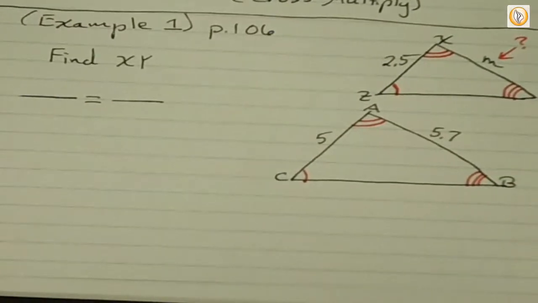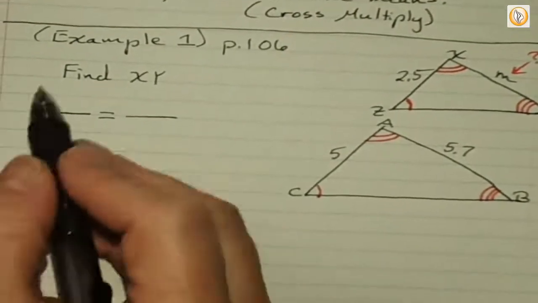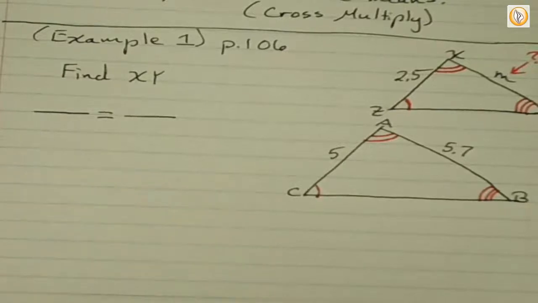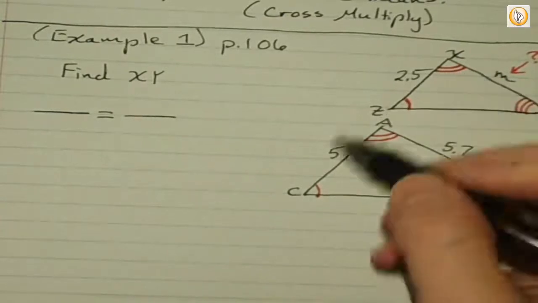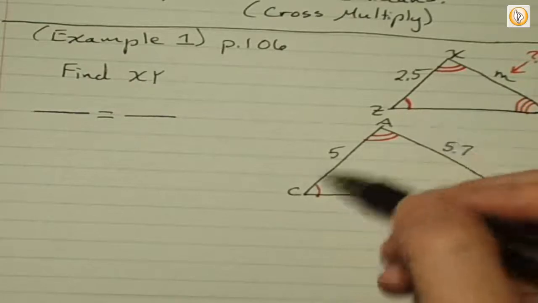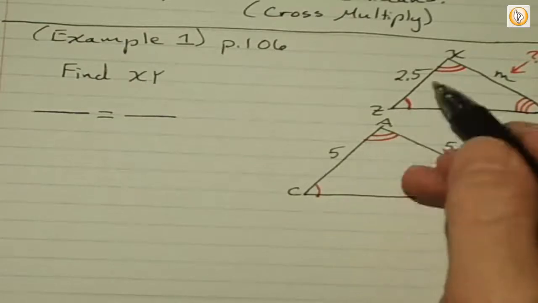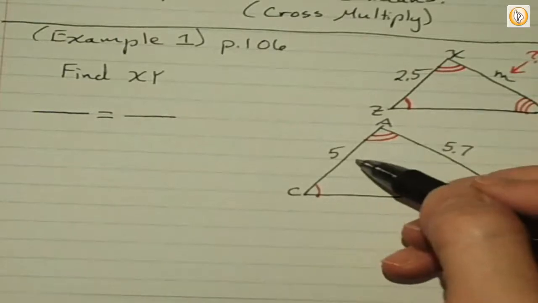Now, the first ratio should be, if you remember from last year, we're comparing the sides or the angle, whatever they're looking for, of stuff they've already given you. These two sides here and here, they already gave you, right, Michaela?